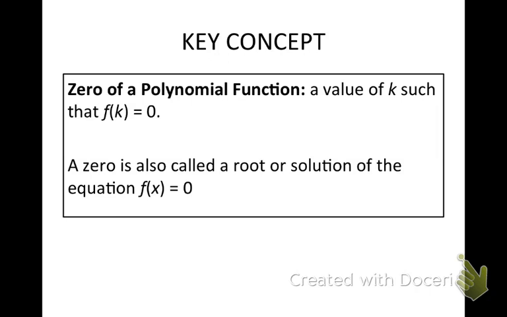And we will have a 0 of a polynomial function when that value of k results in f of k equaling 0, meaning my remainder is 0. So your remainder is 0. So right there is your remainder theorem.